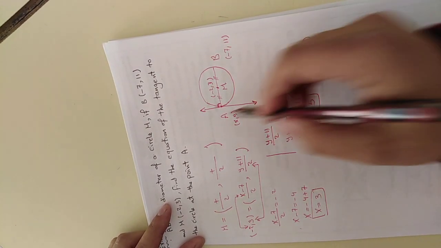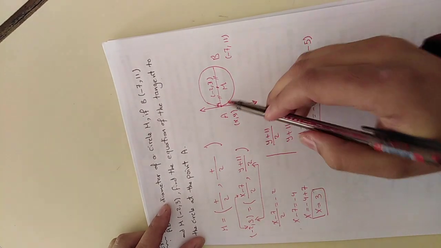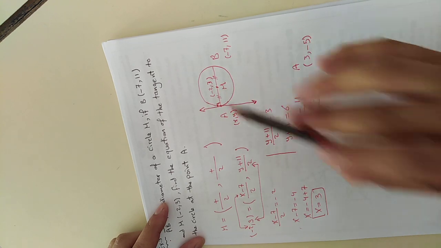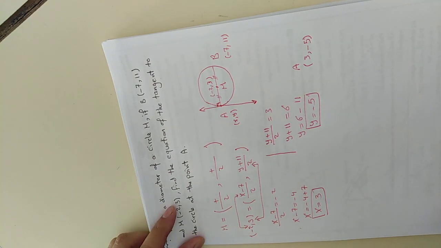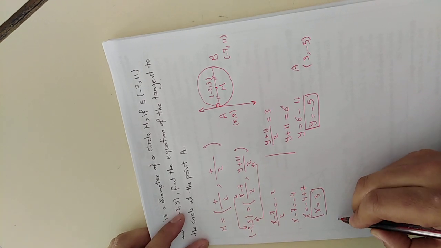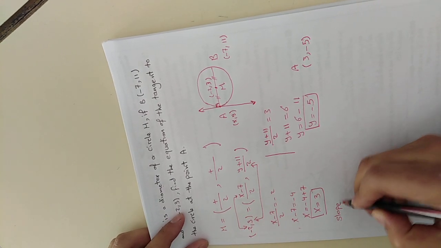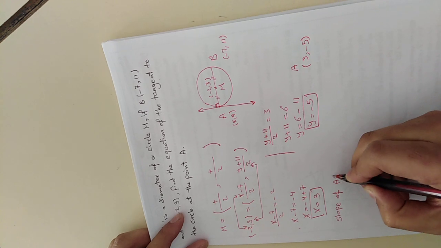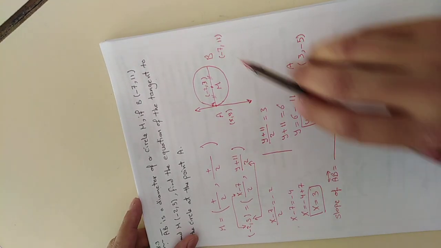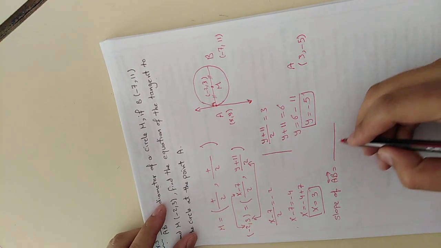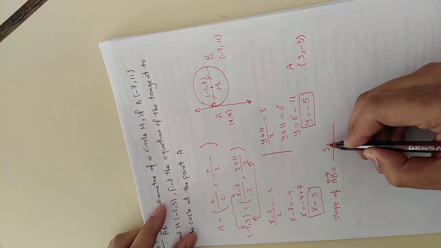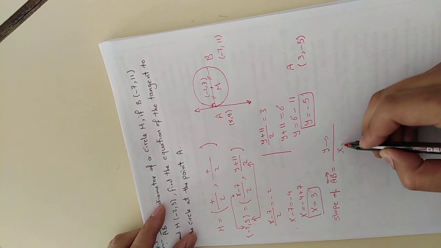Okay, this straight line passes through A and is perpendicular to AB. Let's first get the slope of AB, the slope of the straight line passing through 2 points: the difference between y over the difference between x.